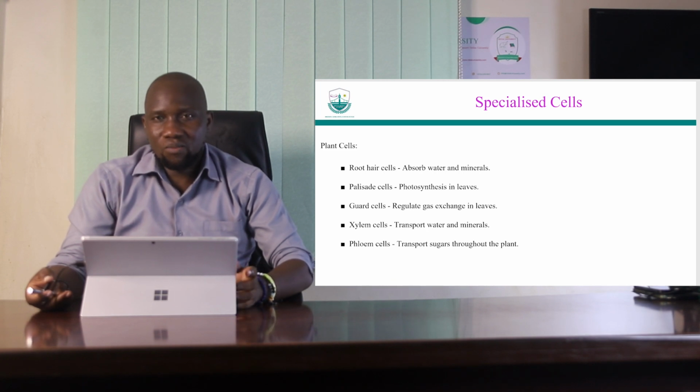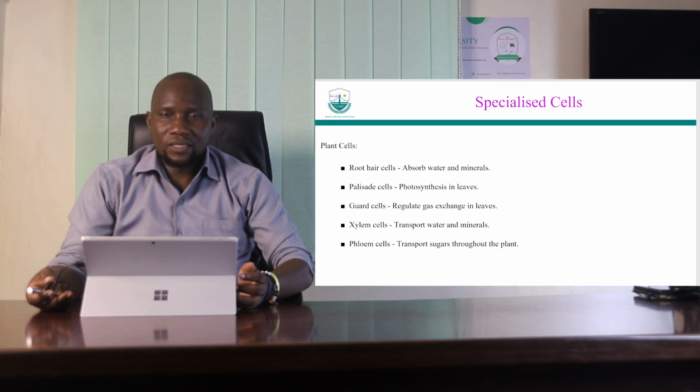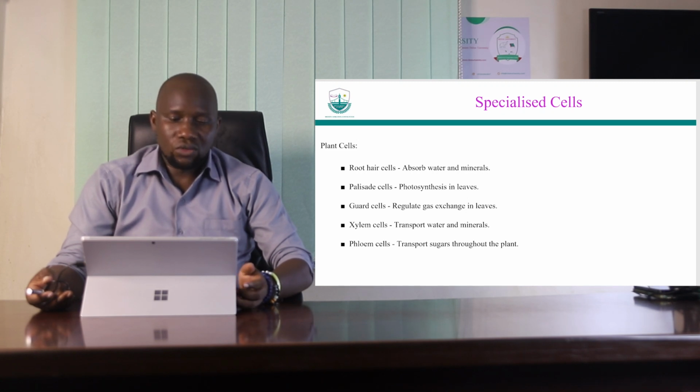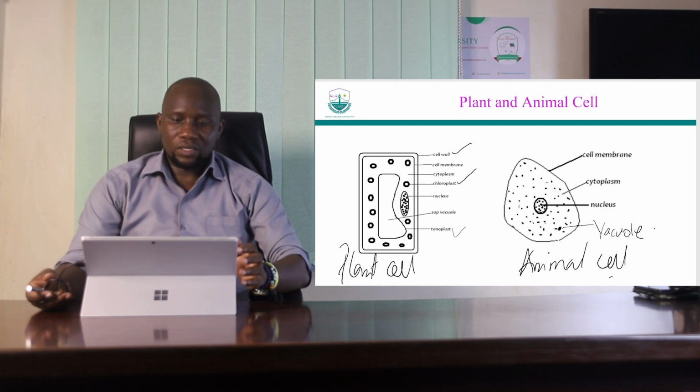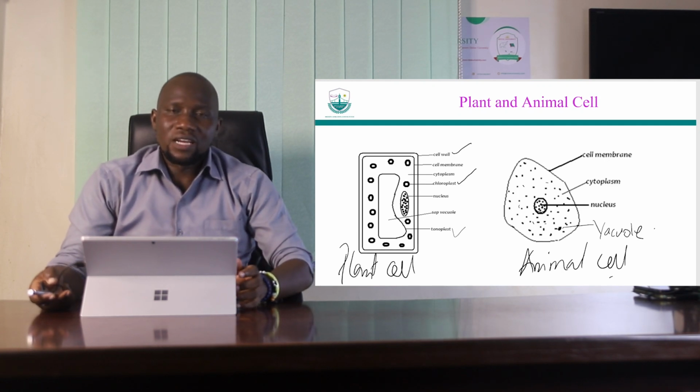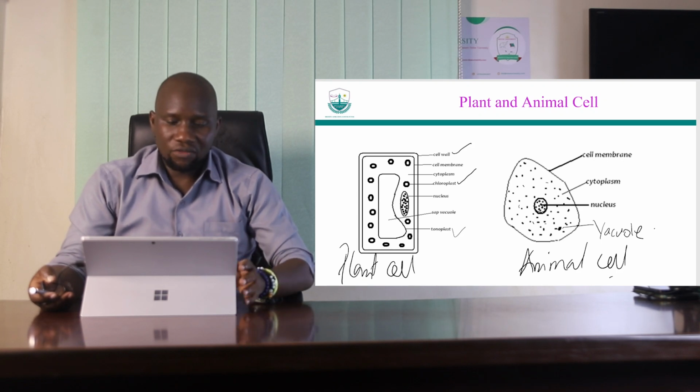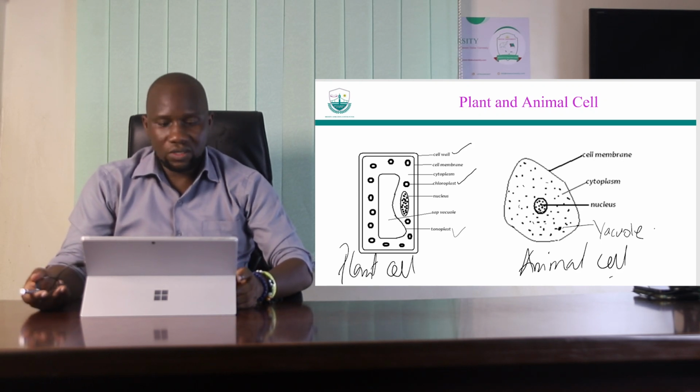We mentioned the chloroplast, we have mentioned the cell membrane. We have also talked about the chromoplast and the nature of the vacuole and how it is different from the vacuoles of animal cells.